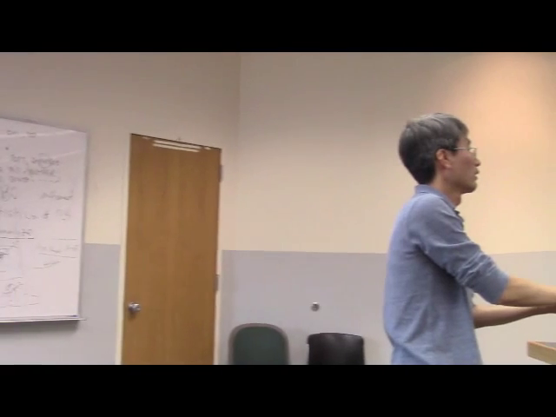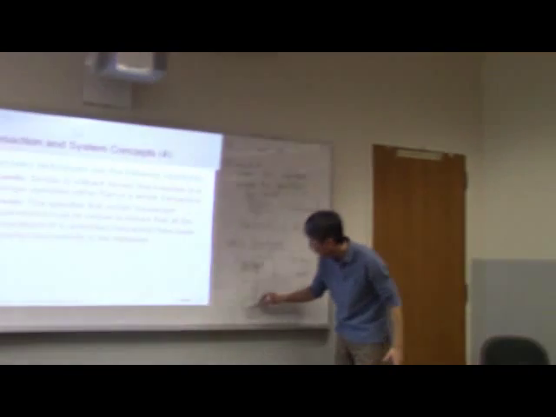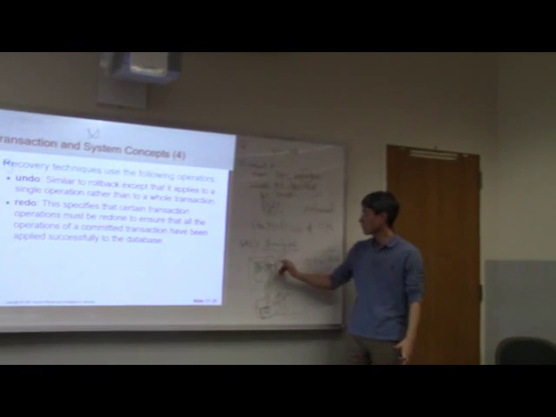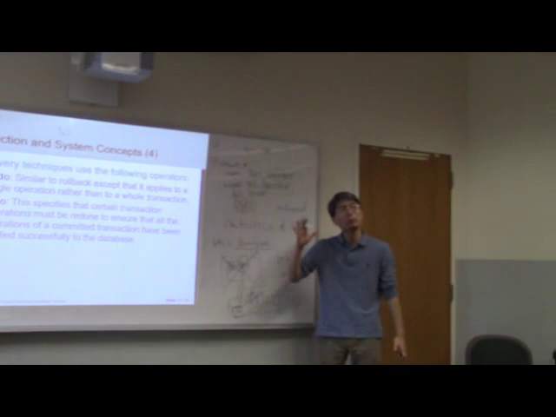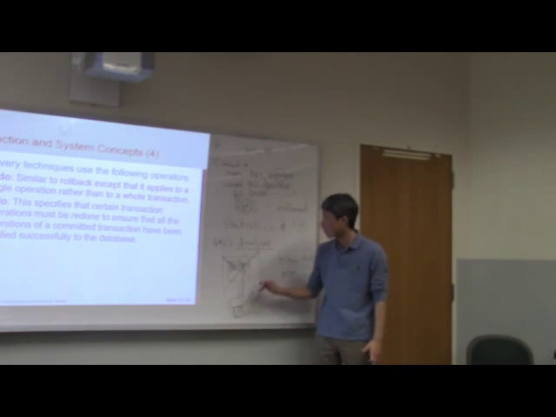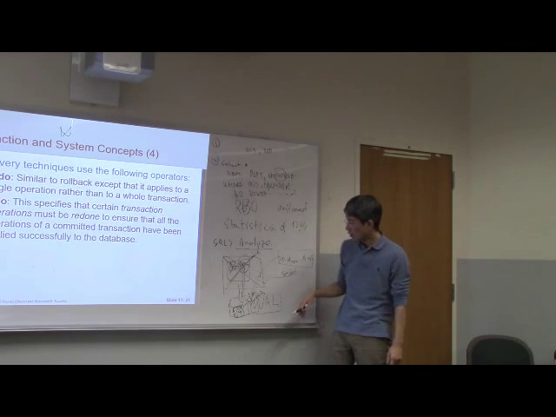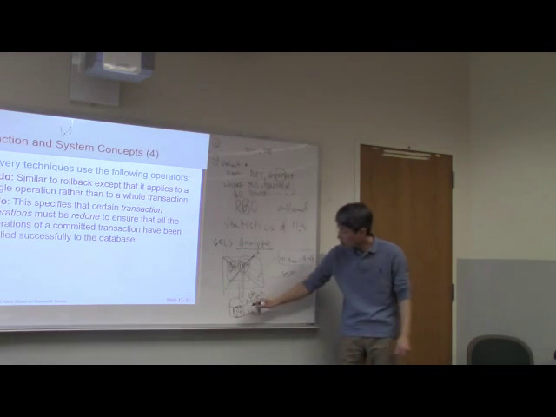The problem is if it's committed but before being flushed out to the hard disk drive, the system is disconnected. That is a problem. So how can we restore this?